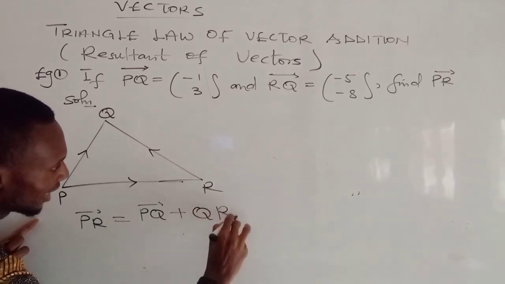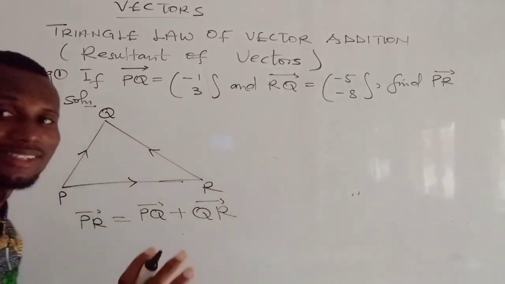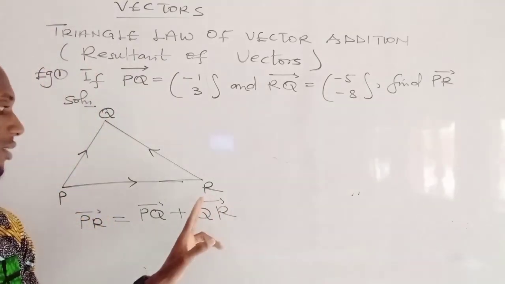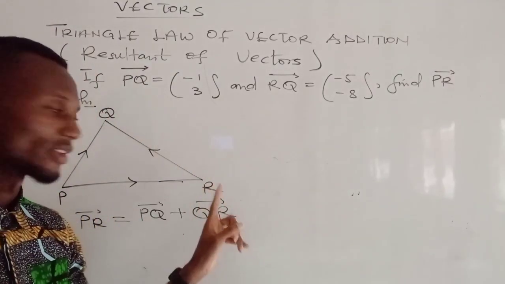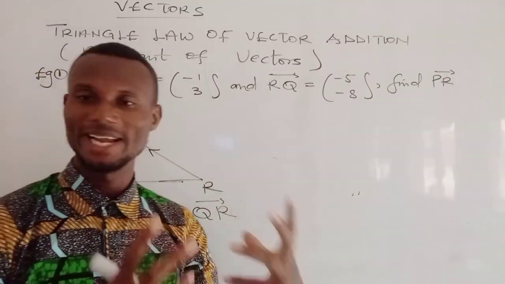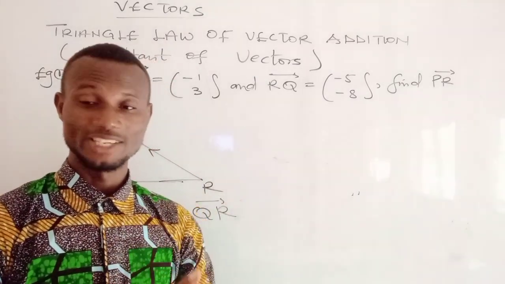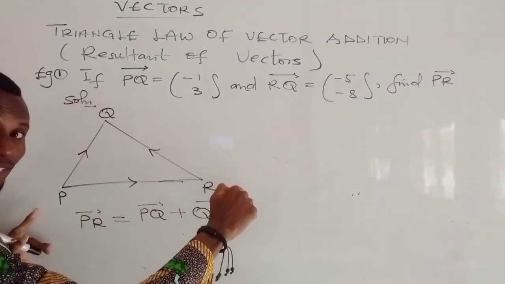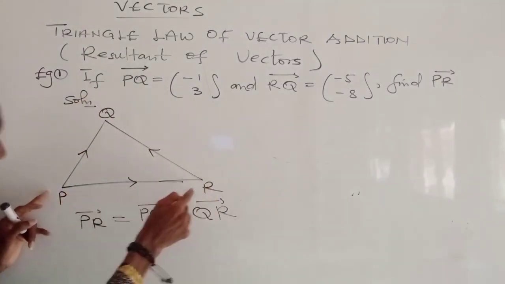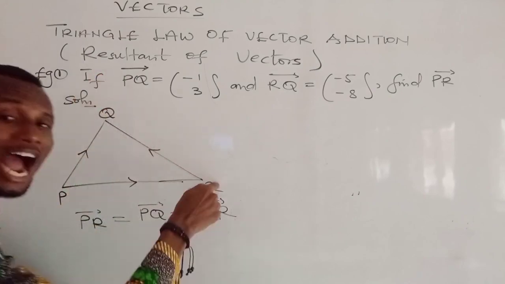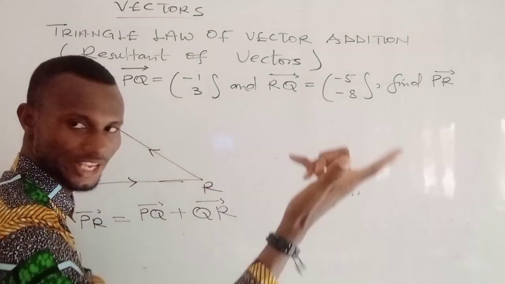I hope you understand. Now maybe someone is asking, why not RQ? Because the arrow is moving from R to Q. I've explained that the law is constant, that it always has to be in this direction. Okay, so to get your PR, it's supposed to be PQ plus QR, not RQ.